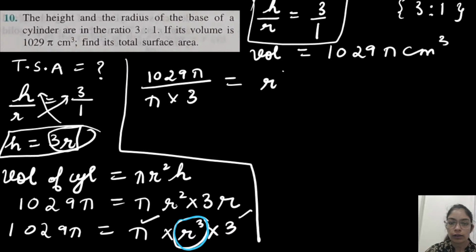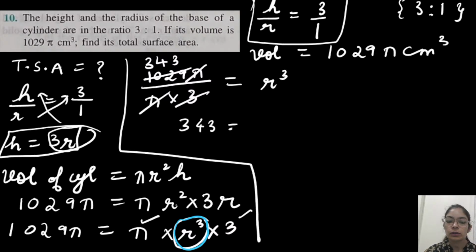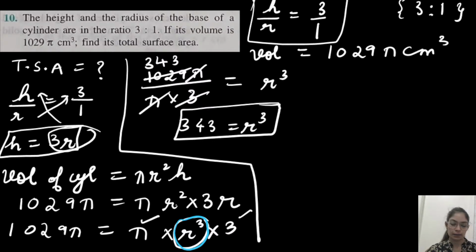So pi into 3 shifted to the other side, they got divided by the given number. This side I got r cube. Pi will get cancelled with pi, and 3 we can cancel. So this will become 343. So 343 is equal to r cube. If r cube is equal to 343, what will be the value of r?